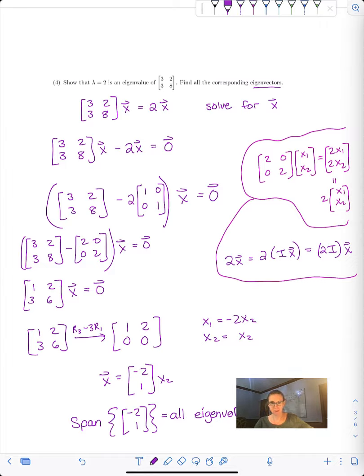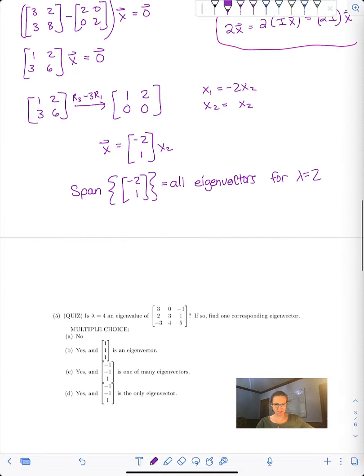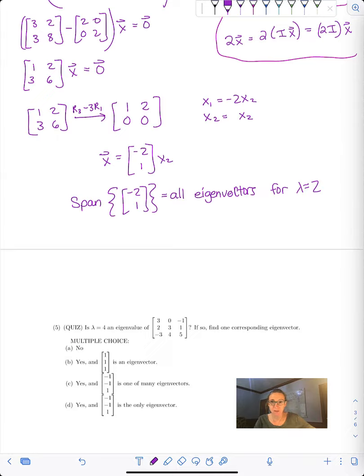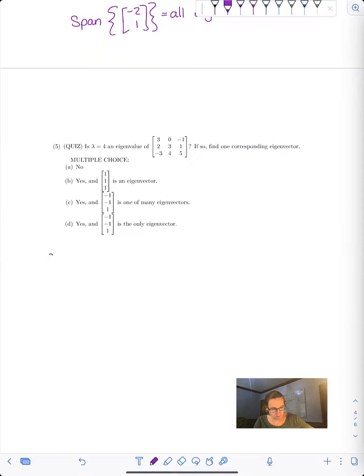Okay. So our next quiz question asks a similar type of question, where you want to test whether 4 is an eigenvalue of this 3 by 3 matrix. And the setup is essentially going to be the same as what we had before. We have this matrix 3, 0, negative 1, 2, 3, 1, negative 3, 4, 5.